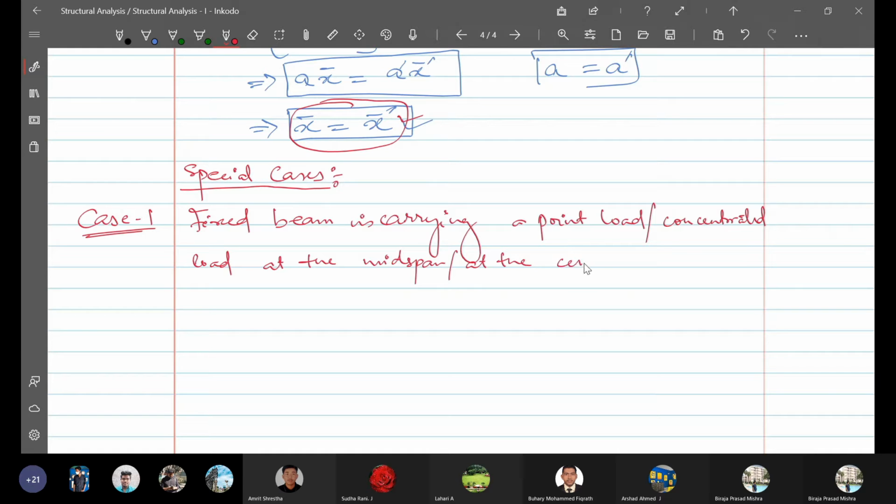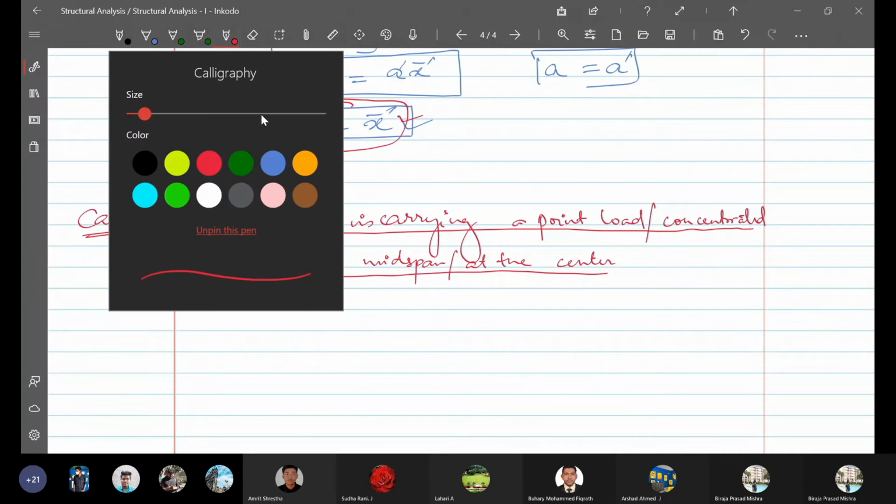This is the first special case. For this we need to find out the slope, deflection, all the things we need to find out.